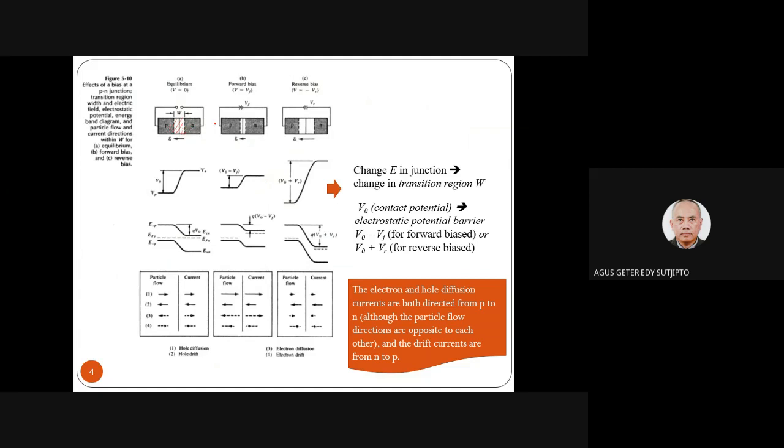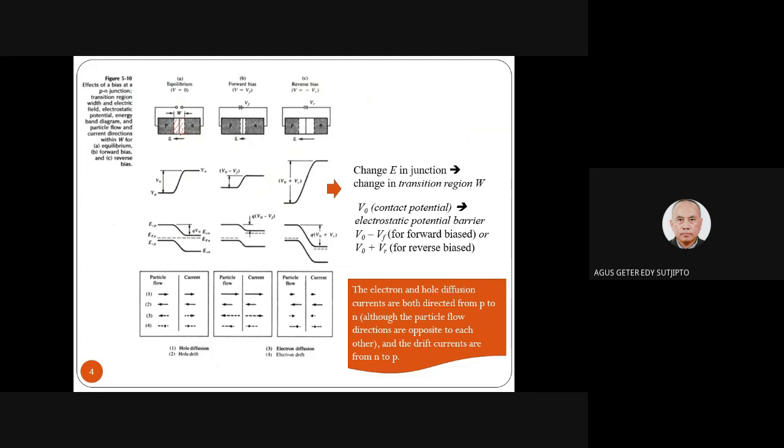The depletion region then causes a potential difference, V0, at equilibrium between the P and N type semiconductors.